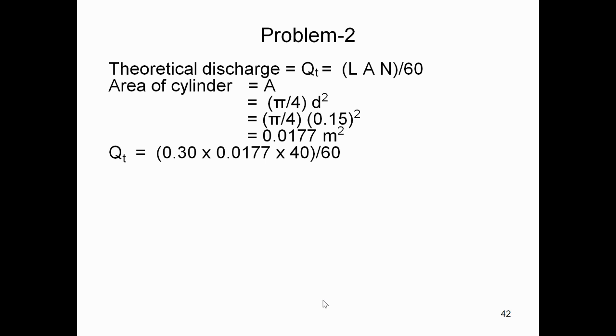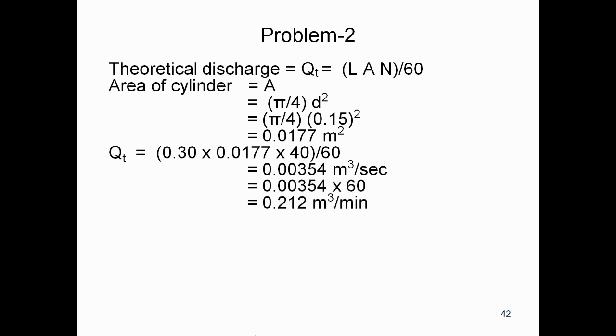Next, QT is equal to, L is given as 0.30, A we found as 0.0177, and N is given as 40, divided by 60. We get 0.00354 meter cube per second, that is the theoretical discharge. If converting, it is multiplied by 60, so we get 0.212 meter cube per minute.